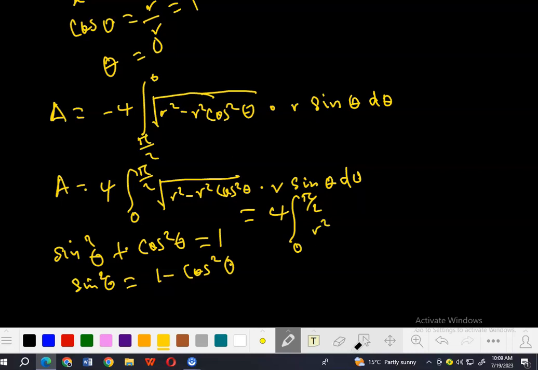Instead of writing this cos squared here, you will simply have 1 minus cos squared theta. But remember that the whole of this is under the square root. Multiply this by r sine theta d theta.